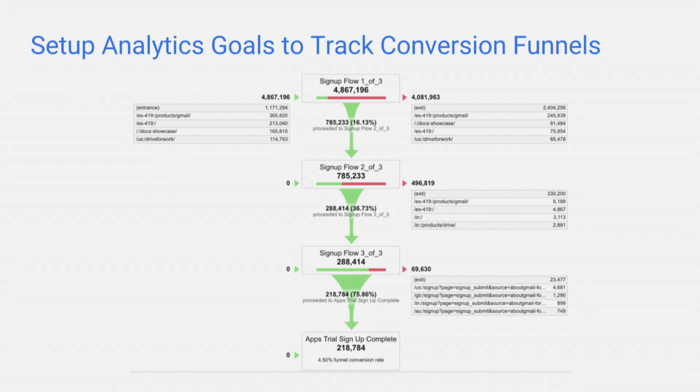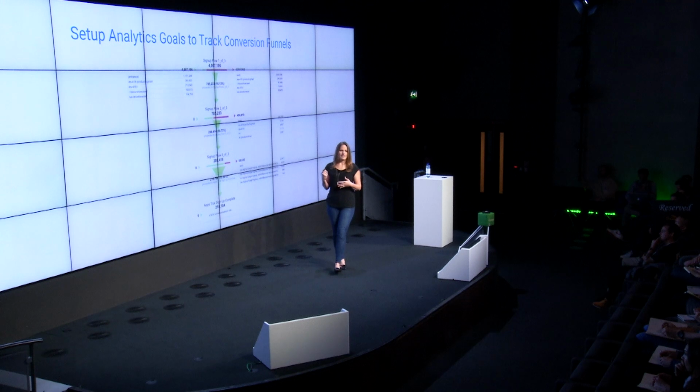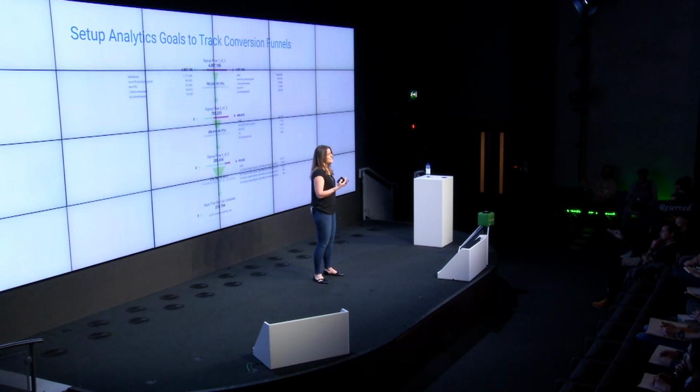And that gives me insight that either users are not getting the information they need on page 1 to proceed to page 2, or perhaps our marketing on our website that is sending them into the sign-up flow isn't the right match for this audience. They don't know what they're getting into when they click that button to go into this flow. But either way, this funnel visualization has given me the insight I need to know that I need to dig in further here. There's a problem.